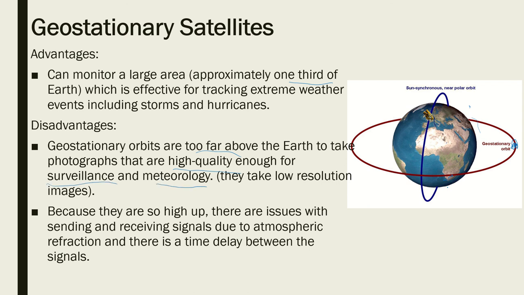So it can track weather events, but it's too far away to be too advantageous. Also, because they're so high up, there are issues with sending and receiving signals to Earth, because there can be refraction of these signals in Earth's atmosphere, and there's also a bit of a time delay. So they're up high, so they can cover a large portion of the Earth, but because they're up so high, the image quality isn't great.